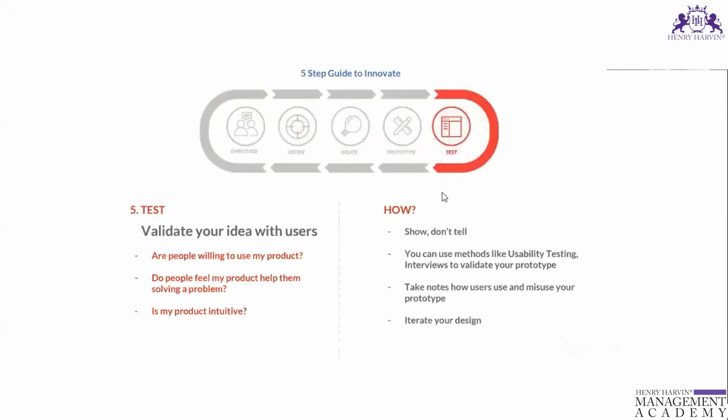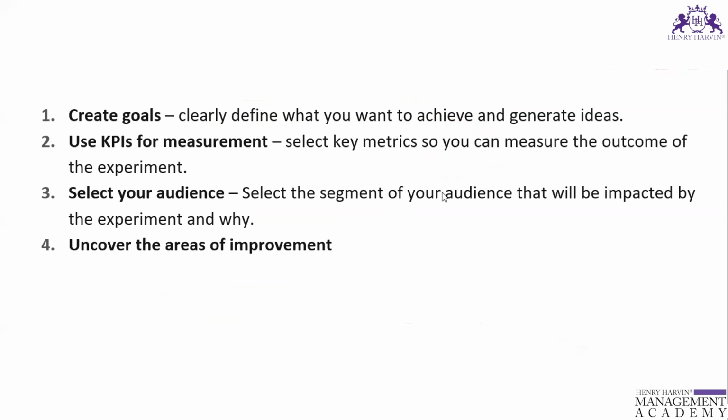When you want to start testing, there are 4 steps. First of all, we need to identify goals and clearly define what you want to achieve from testing this particular MVP, and use KPIs. So we should identify some key metrics. It can be a conversion ratio, an increase in customer satisfaction, or an increase in the net promoter score.